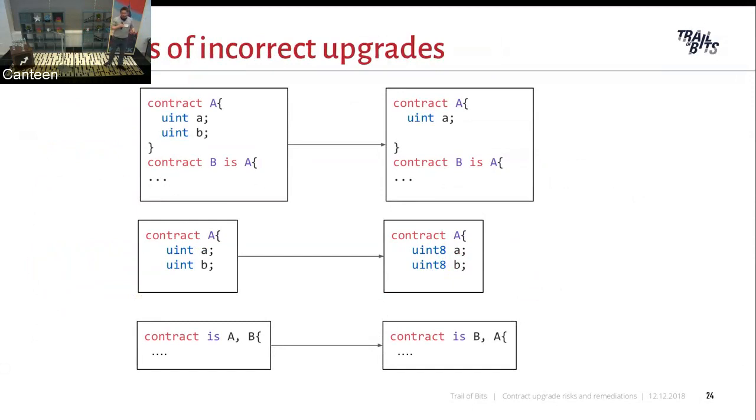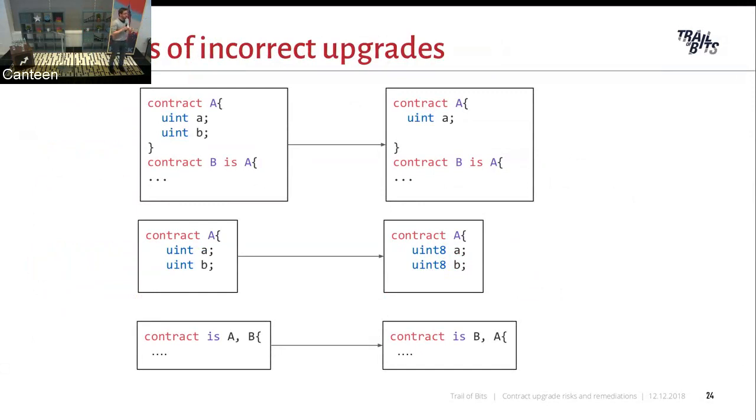Something a bit more tricky, if you change the type of your variable. So due to optimization, if Solidity finds that two consecutive variables can fit in one slot of memory, it may pack them. So if you change 2 uint to 2 uint8, Solidity will pack them together and will use only one slot in memory instead of two. And by doing so, again, you change your memory layout.